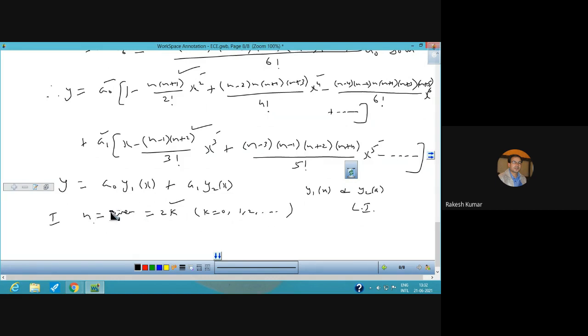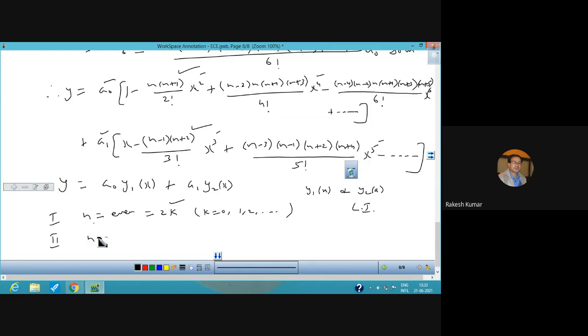So this becomes a polynomial of degree n, which is equal to 2k. What about y2(x)? y2(x) in this case becomes infinite series, because it will go infinitely, it will never terminate. So this is case number 1.